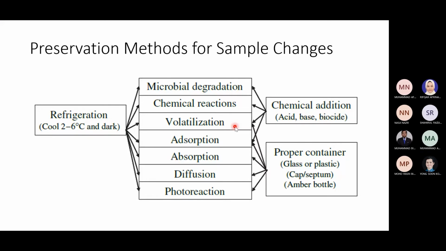Now, there are a lot of reactions that might change the quality of your water, and they are here. Microbial degradation, I already mentioned just now. Chemical reactions are quite likely, especially when you restrict airflow. Before you collect a water sample, it is always exposed to the environment, the air, for example.